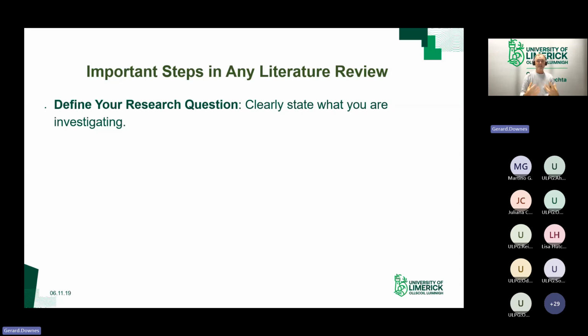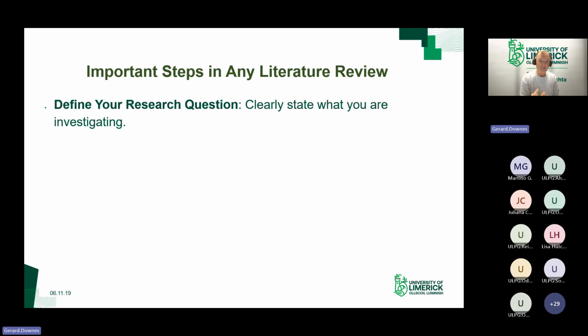Sometimes in doing a PhD you can start reading everything about the topic, but it's so important that you write as quickly as possible after you begin your doctoral studies. So, before you begin your literature review, try to define your research question. State what you are investigating.